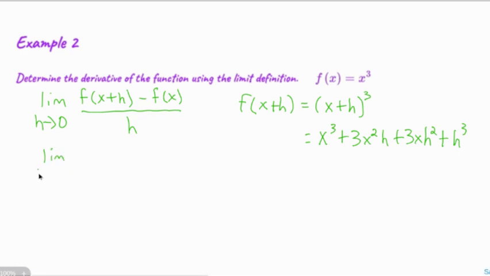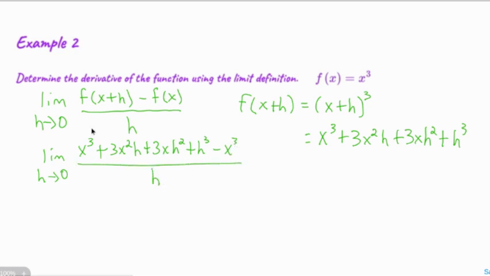So we're going to go limit as h approaches 0 of this. So we have x cubed plus 3x squared h plus 3x h squared plus h cubed minus x cubed, all of that over h. And we can go ahead and do some simplifying here.